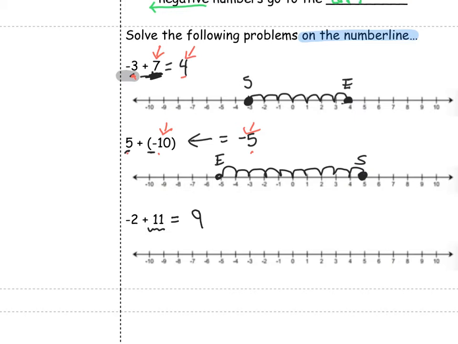So if I start at negative 2 and go a positive 11 towards the positives, 1, 2, 3, 4, 5, 6, 7, 8, 9, 10, 11. Sure enough, I end up at 9. So this was my start and this was my end.